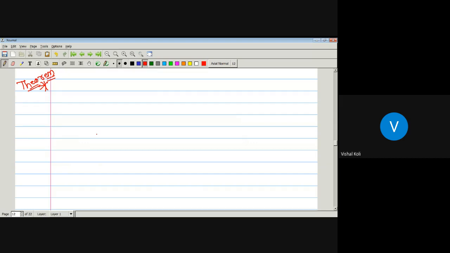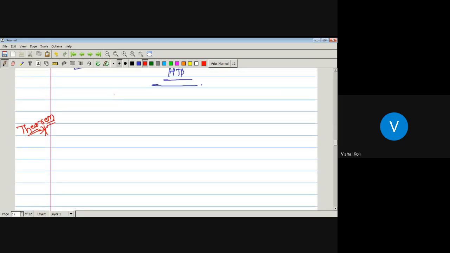Okay, so any integers a and b are said to be relatively prime if GCD of the two integers a, b is equal to 1. Then we say that these two integers a and b are relatively prime.